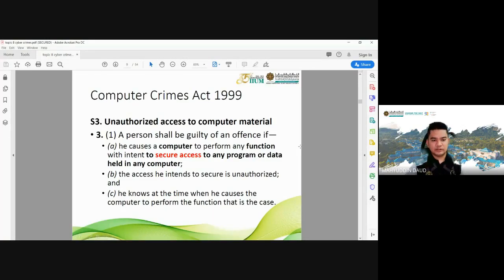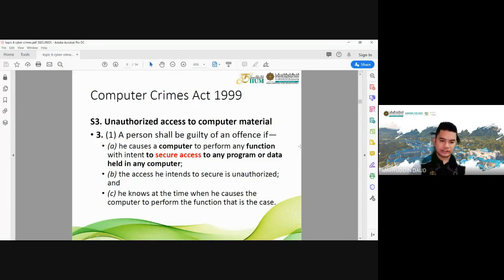Section 3 criminalizes the act of unauthorized access to computer material, the content of the computer material. So a person shall be guilty of an offense if he causes a computer to perform any function with intent to secure access to any program or data held in any computer.